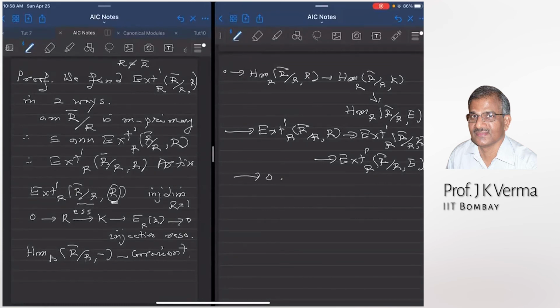Because the injective dimension is 1, so it goes up to Ext^1. Now let's look at these modules. Hom(R bar over R, R): what can you say about this? Is this 0 or not?